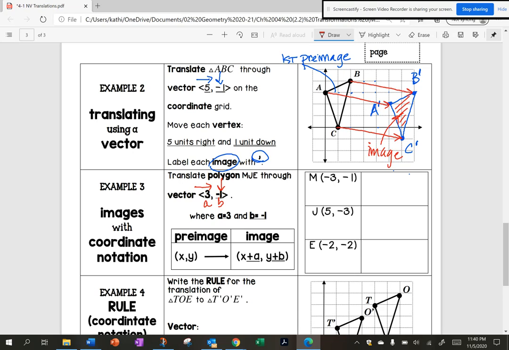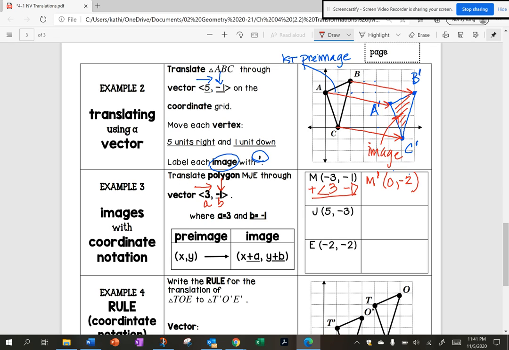So my A is 3 and my B is -1. So when I add these, my new image M prime, so I'm adding these.